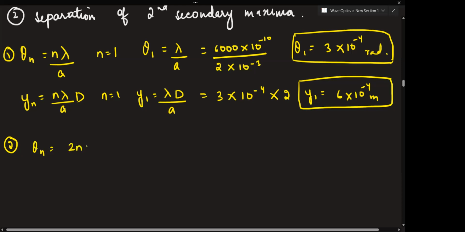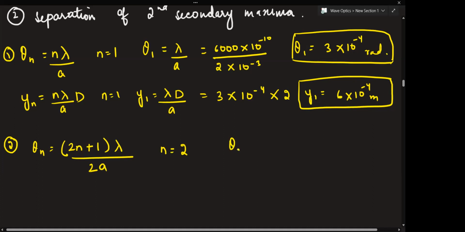It is given as 2n plus 1. This time it is not only n. For the case of maxima, it is 2n plus 1 lambda divided by 2. So now the value of n is what? What should I write in place of this n? 2, because secondary maxima is asked.